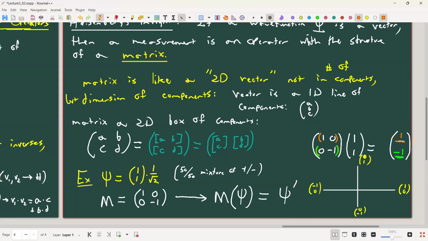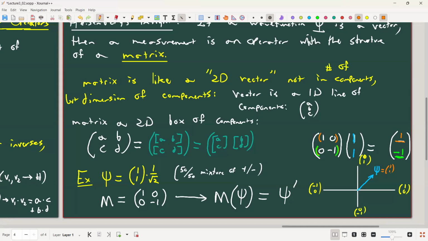And so our initial state, which I'll draw in blue, is 1, 1, so it's pointing in this direction. There's our initial state. It has components 1, 1. And we apply this matrix to it, which takes this vector and converts it to 1, minus 1.